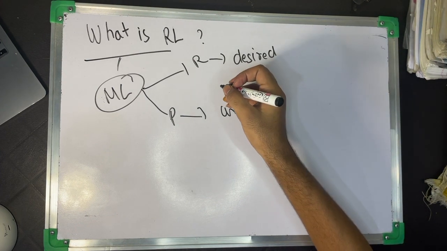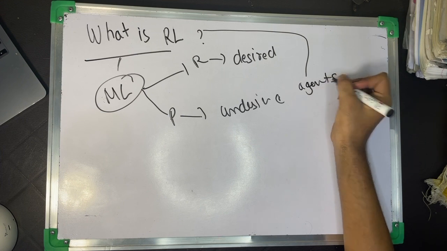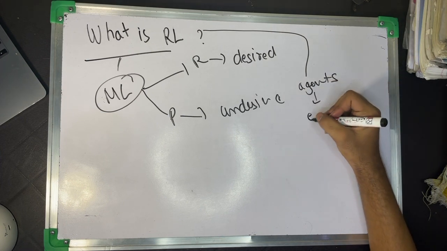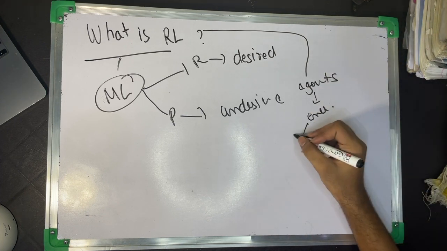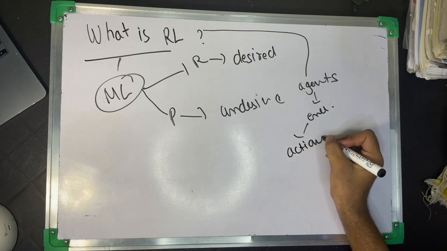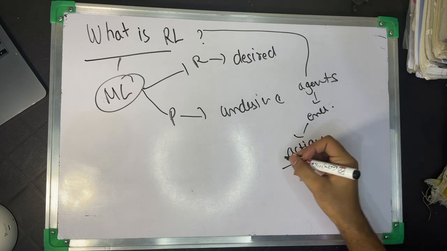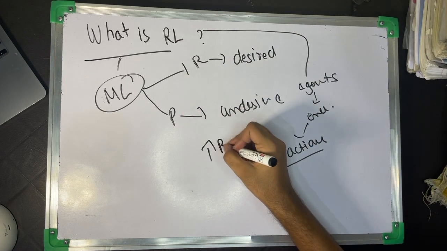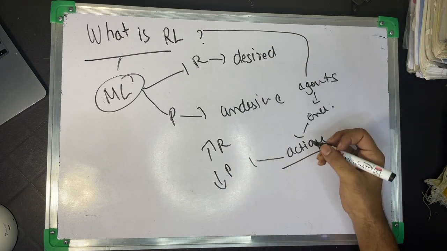So what happens in reinforcement learning is we have agents. Agents are able to perceive and interpret the environment. The agents take actions, they get feedback from them, and they intend to maximize their rewards and minimize their punishment.